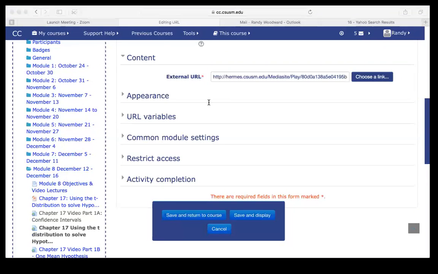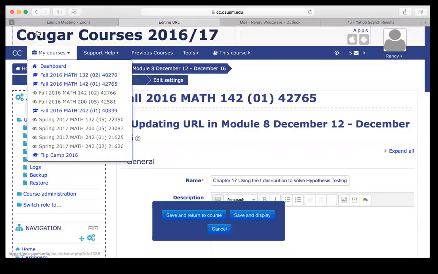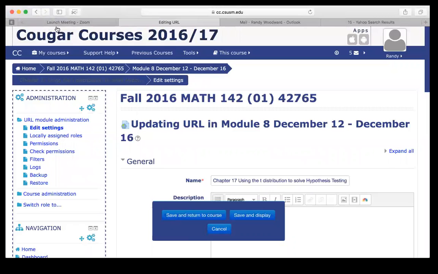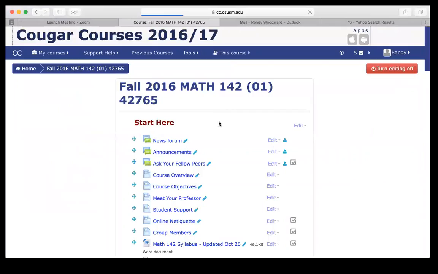Chapter 17. No, that's not it. 351D. Okay, that's an older one. 351D. I'm working at it, gang.